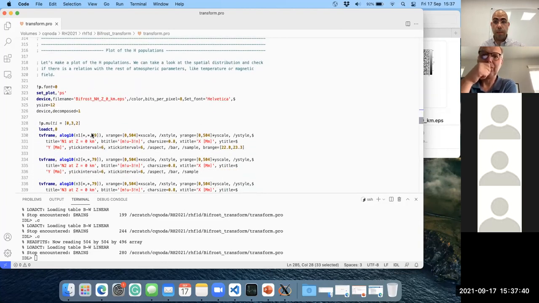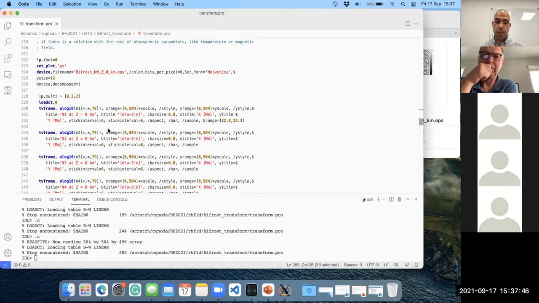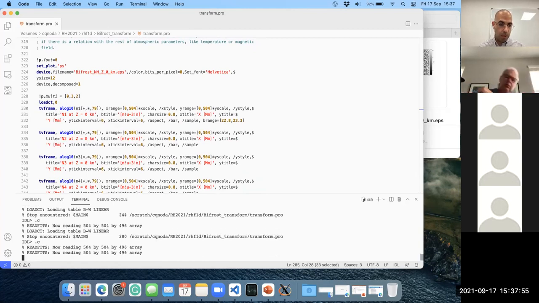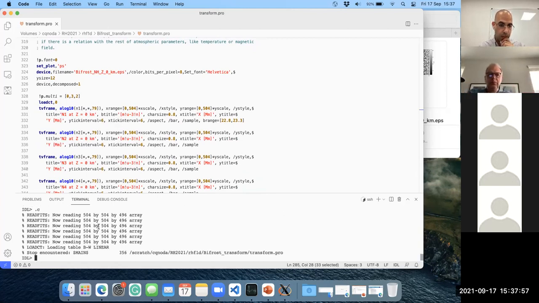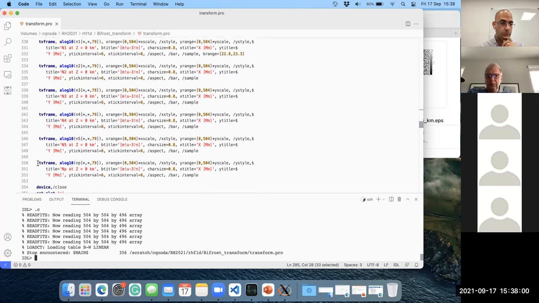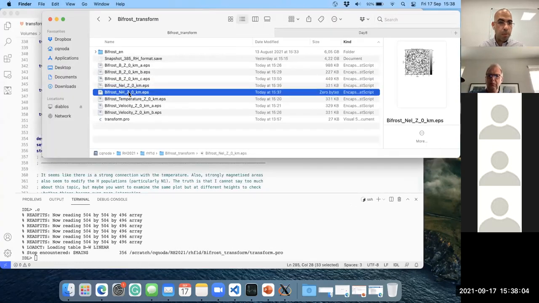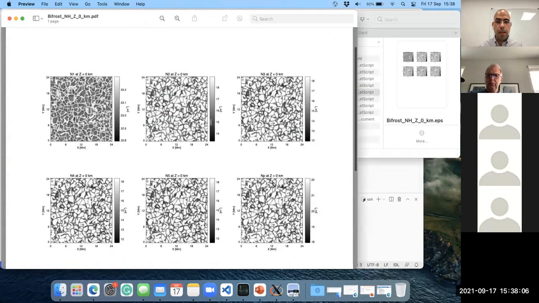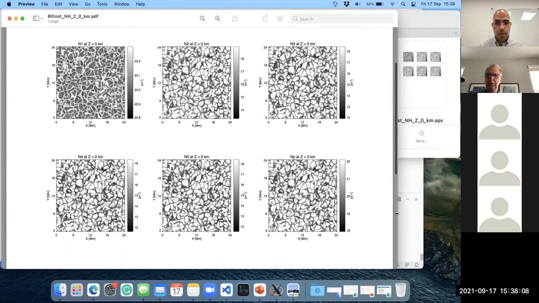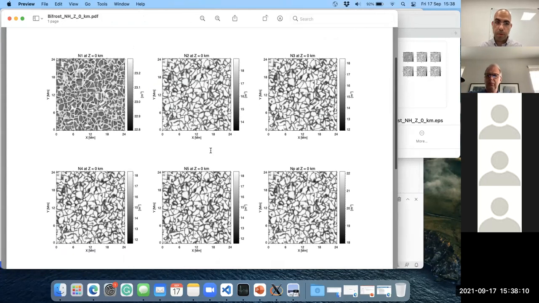Again, in this case, I'm not very familiar with hydrogen populations, so let's make a plot and see how the different hydrogen populations behave in terms of the spatial distribution at z equals 0. I just go like this, and then we read 6, and then it stops here. Okay, so then we go to hydrogen populations, and again it seems similar to temperature.